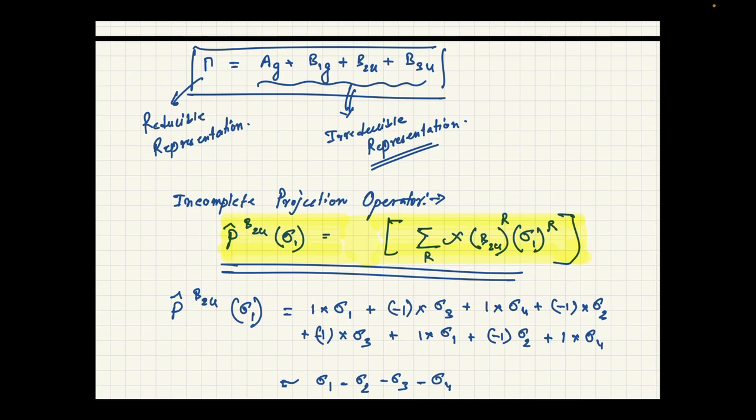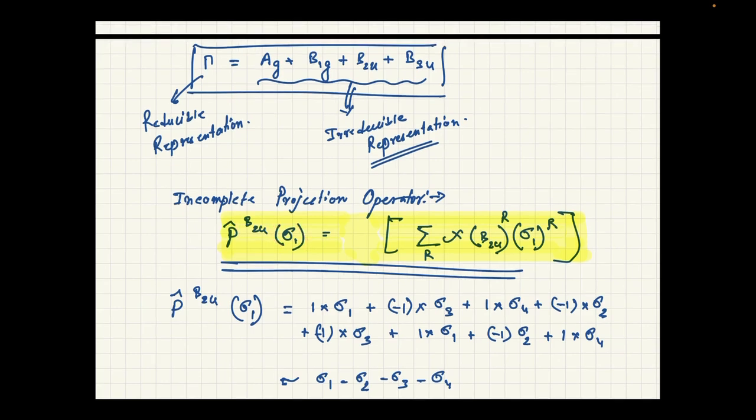If I operate this on a particular basis, sigma 1, the formula is the character of that B2U representation corresponding to a particular symmetry operation times this sigma 1 or this basis. What particular basis will you use? You can use sigma 1, sigma 2, sigma 3, sigma 4, any of these.